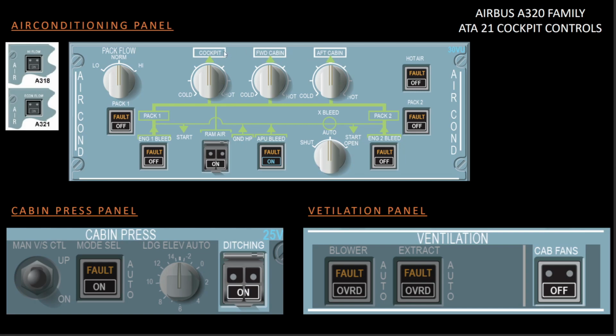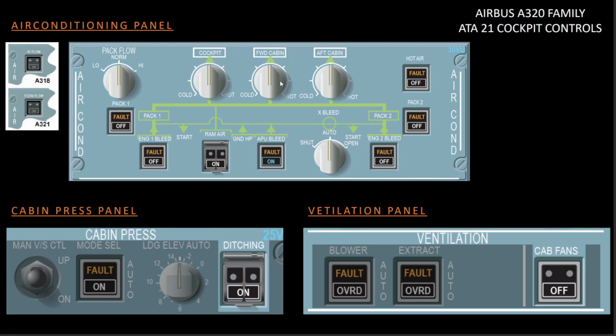If you remember, I told you during previous lessons that in the air conditioning system of the A320, the air is supplied to 3 zones: the flight deck or cockpit, the forward cabin, and the aft cabin. These are the 3 zones to which the air will be supplied.